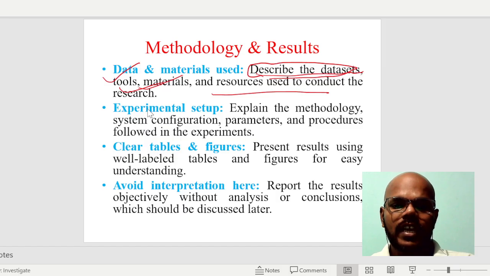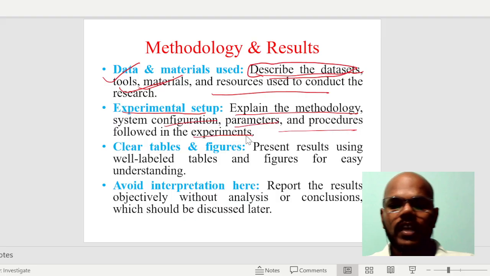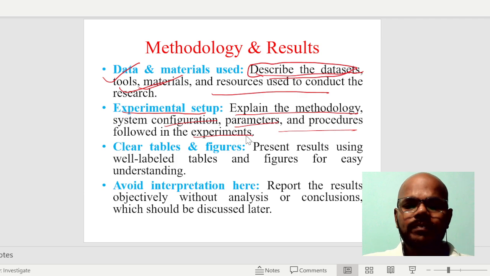Next one is experimental setup. In that section we have to explain the methodology, system configuration, parameters, and procedure followed in the experiments. That means in this section we have to explain what type of method you used.